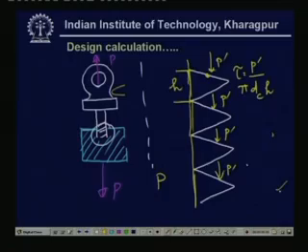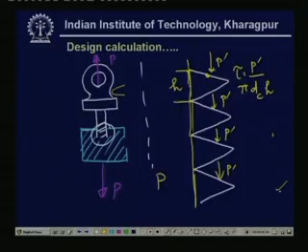Therefore the BSW thread, which has a very large value of h, has a great root strength, as we have discussed in the last slide, and here the analysis also confirms that. So here tau must be less than tau allowable, and tau allowable is roughly equal to sigma allowable divided by under root 3.